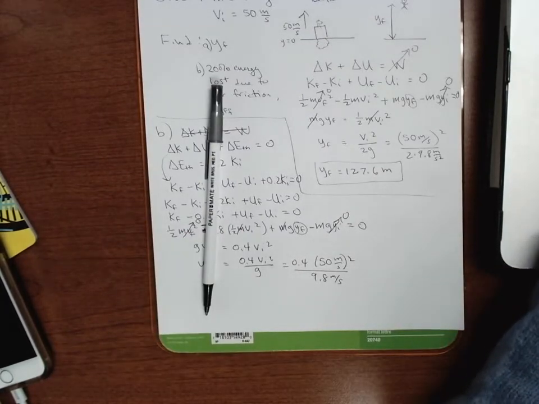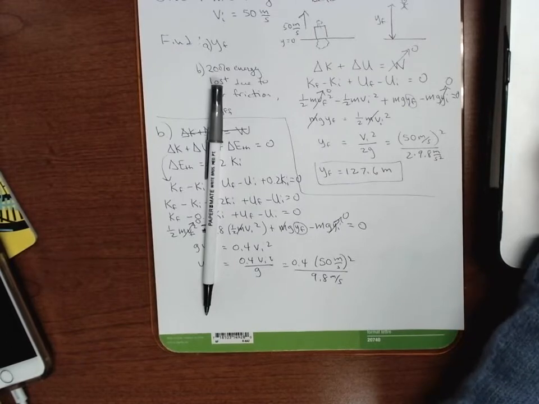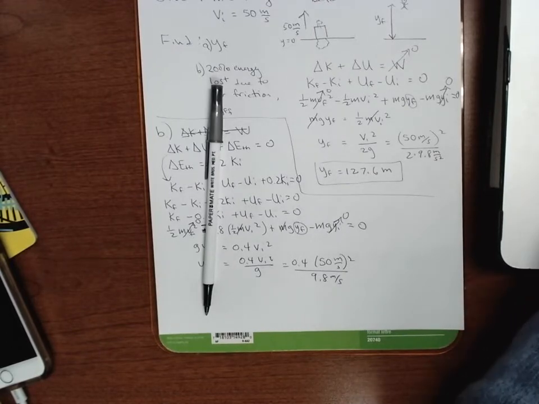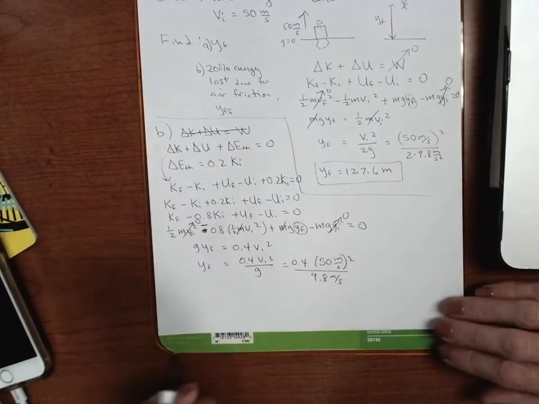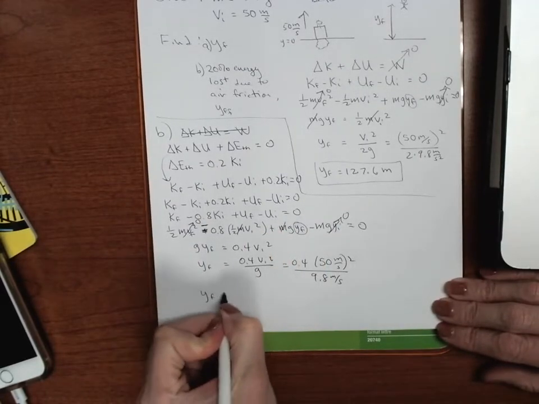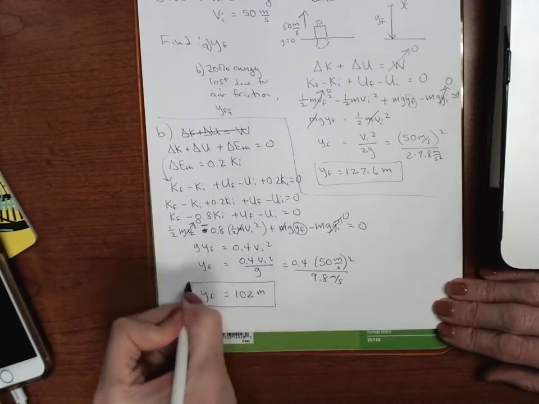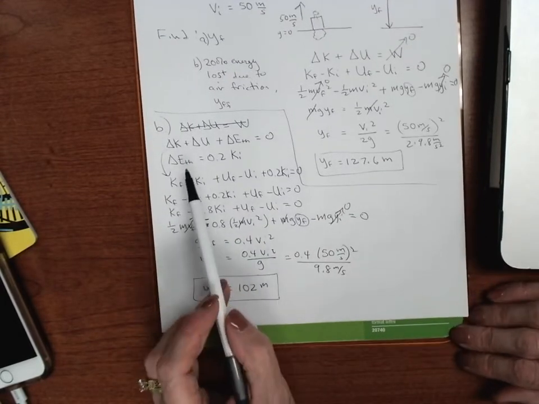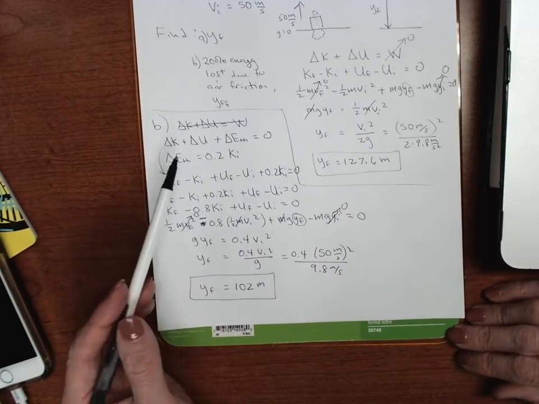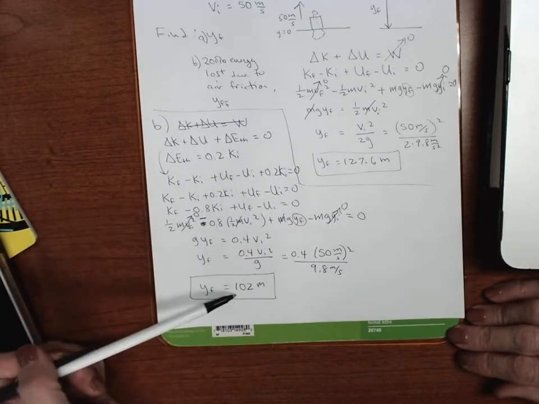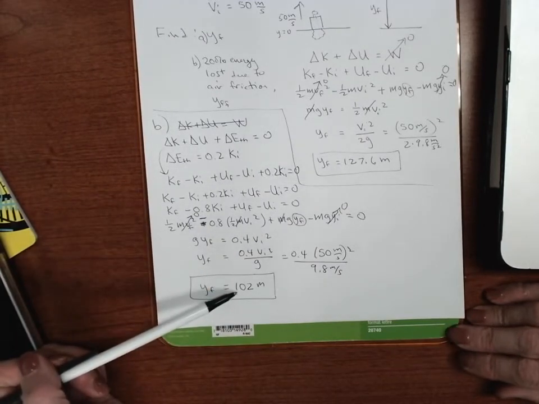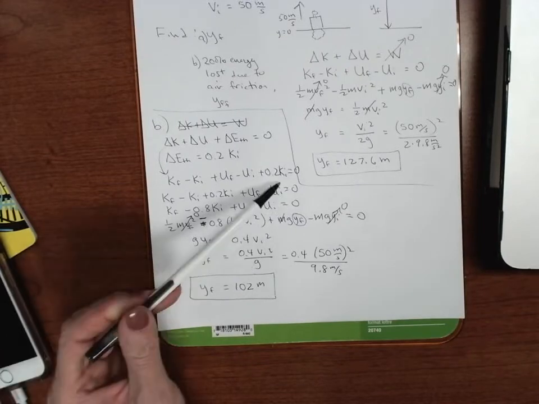So I've got 0.4 times 50 squared divided by 9.8. And that y final then gives me 102 meters. So when I lose that energy due to air friction, my Wiley Coyote doesn't go as high, and I can see that in my y final that is 102 instead of 127.